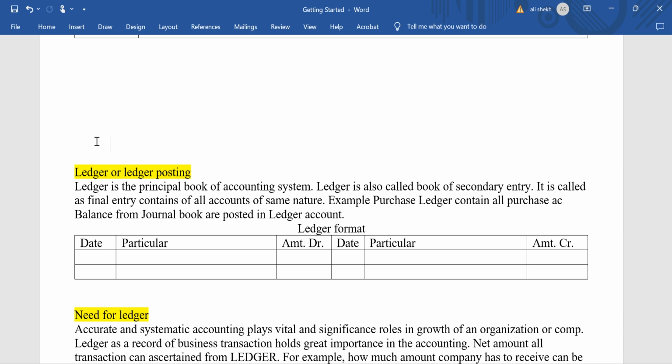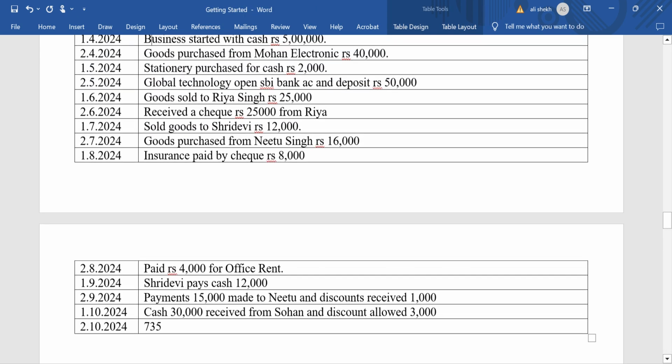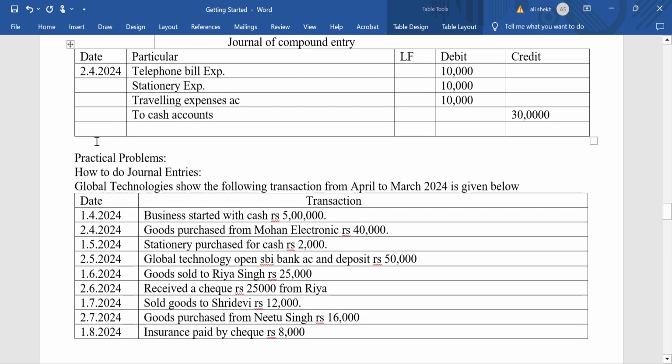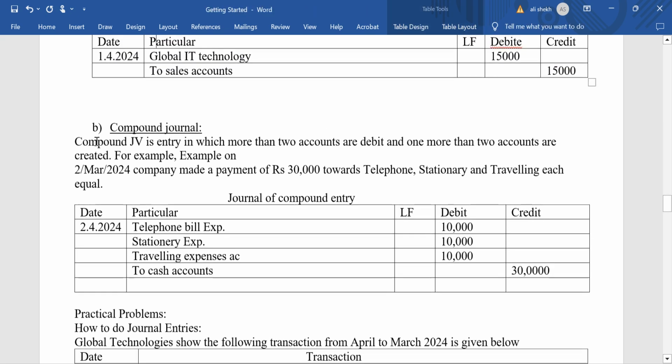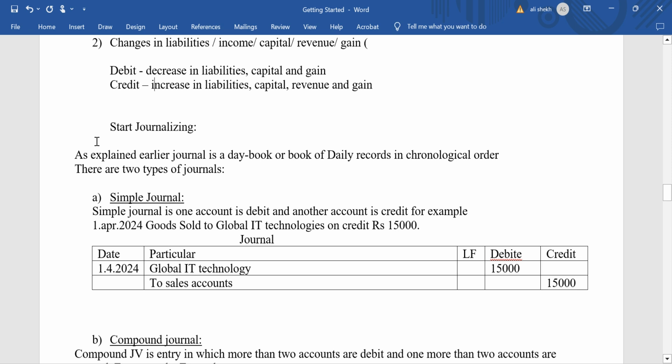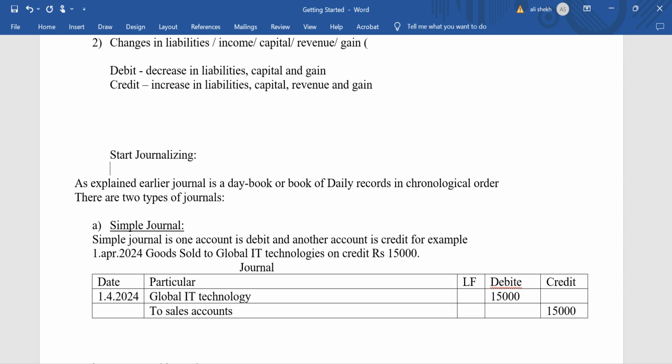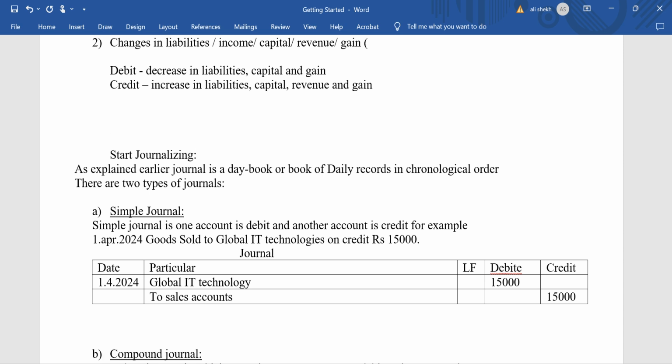This is in the accounting process. Steps in accounting.